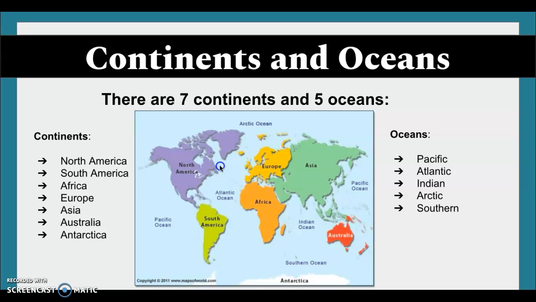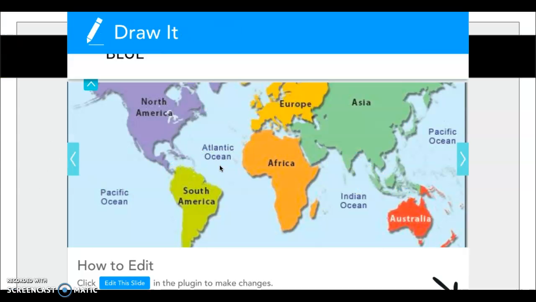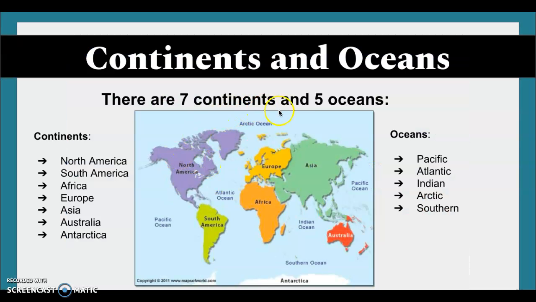Continents and oceans. There are 7 continents and 5 oceans. This is where we talked about that earlier. So the 7 continents are North America, South America, Africa, Europe, Asia, Australia, and Antarctica. And the oceans are the Pacific Ocean.